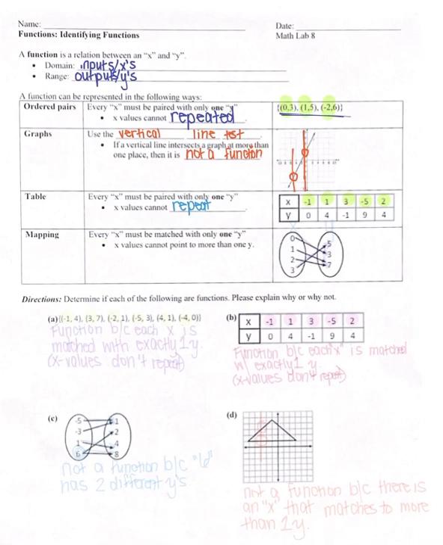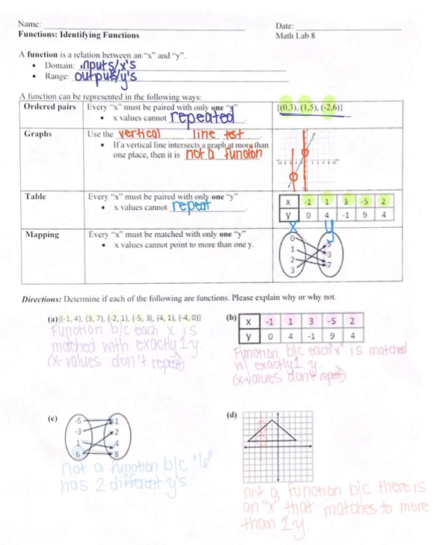Mapping is a little bit different. You may not have seen this before. What it is, you have two circles. The circle on the left is your x's, and the circle on the right is your y's. So with mapping, every x value, again, must be matched with one y. There's an arrow coming out of each x value going to the y.